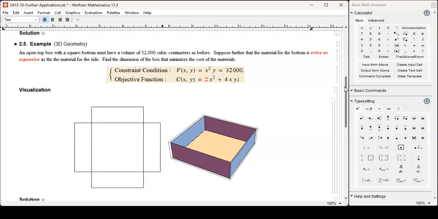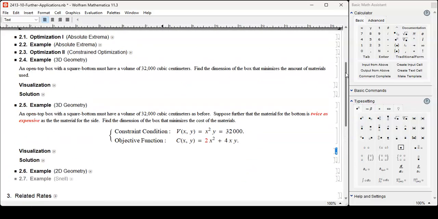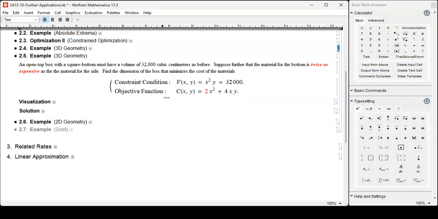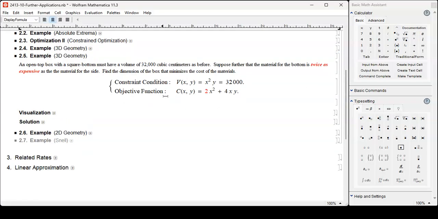Alright? Now we don't need this picture anymore. Let's go ahead and solve this. I don't need this one anymore either. So from the constraint condition, solve for y and plug into the other function, the objective function. So V is x squared y, that's 32,000.